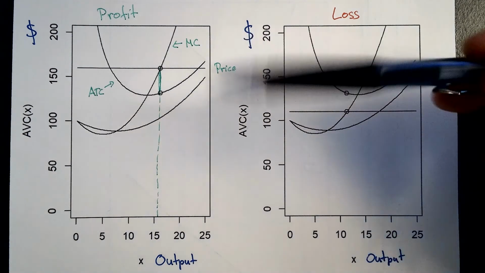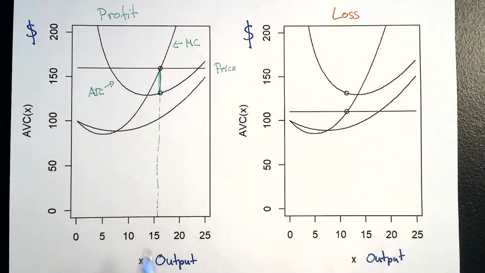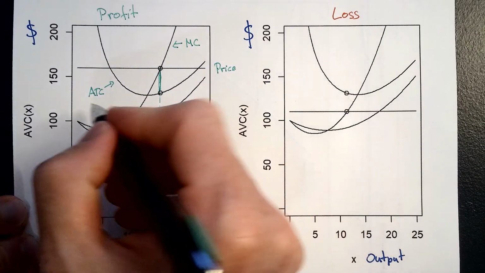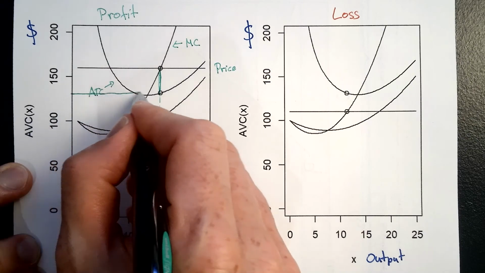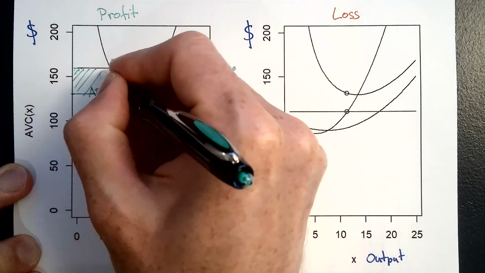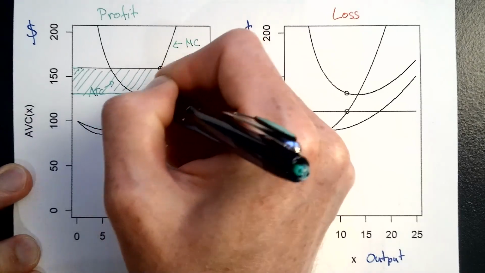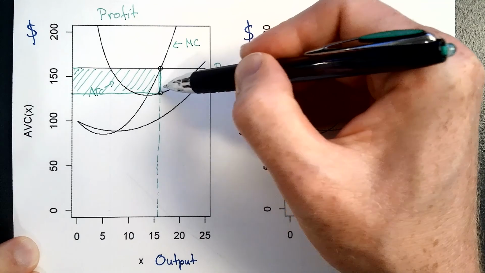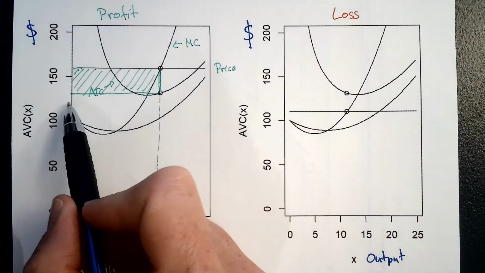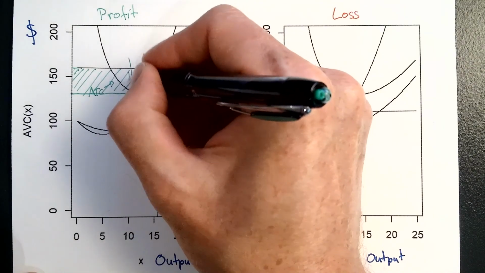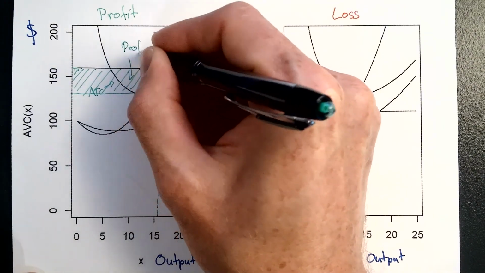Now, since we have here the per unit, and on the horizontal axis we have the output, then this rectangle here, which would be the per unit profit times the number of units, represents the profit of the firm.